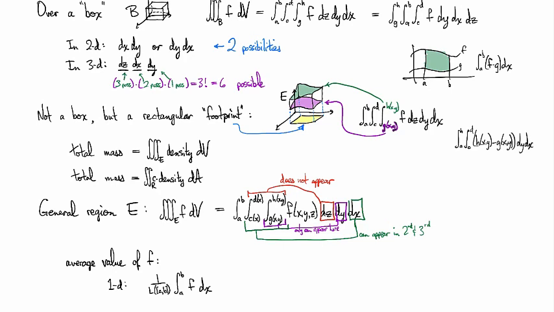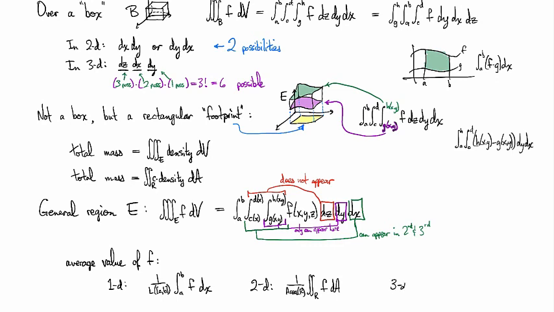If we are looking at a two-dimensional case, then it's going to be 1 over the area of our region times the two-dimensional integral over that region of f with respect to area.